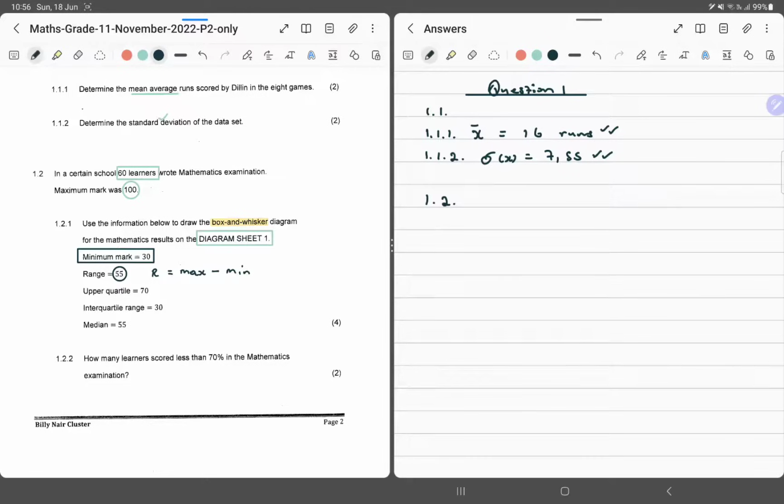So now we are saying the range is 55 equals, now what is the maximum value? We don't know. Don't use that, that is just the total. And then the minimum value here was 30. So we can say therefore our maximum value is going to be 55 plus 30, which is 85.